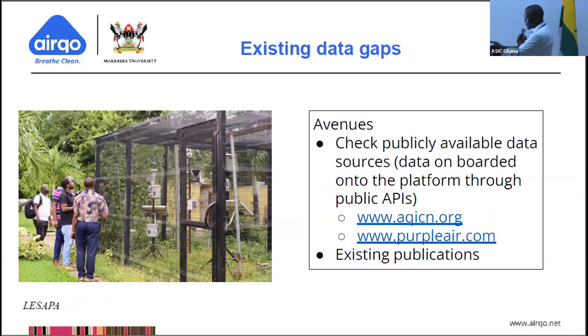These are some of the questions: you check the publicly available data sources, some of the platforms that are there, and then existing publications. You take time to look into them, there are some great publications out there. You have to look for them. This is an LCS for our Lagos people. So that's where we placed some of the devices.